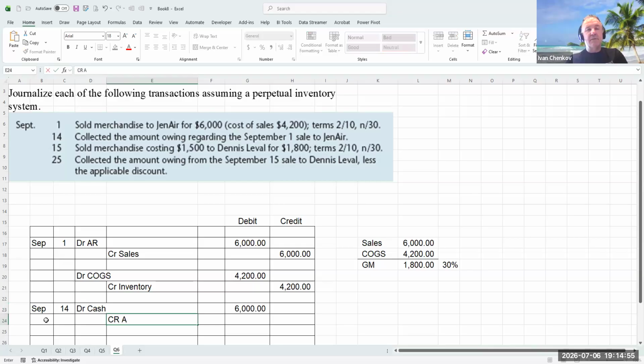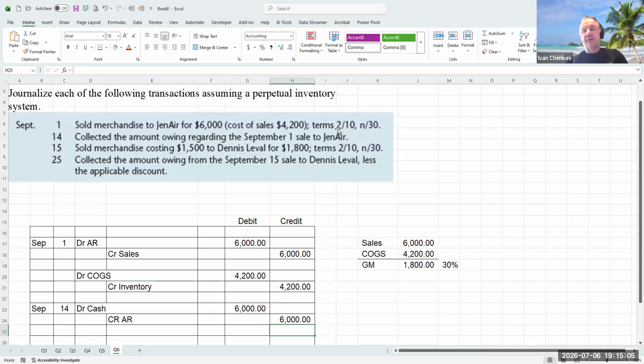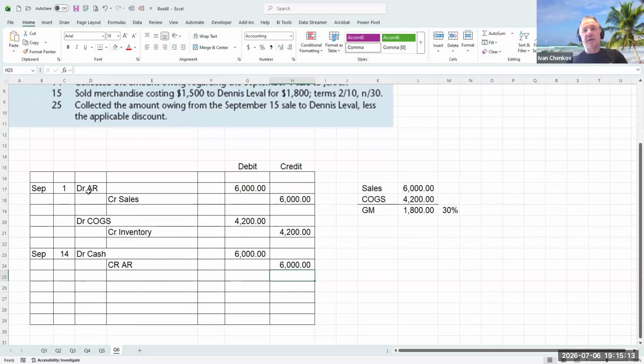Credit will be accounts receivable, which we created on September 1st, since the client paid the entire amount. Now you're going to ask me, are we going to use the percentage? No, because the client paid more than 10 days after the sale in this case. So for that reason, no discount.